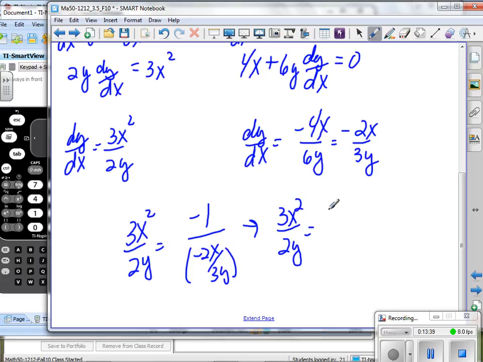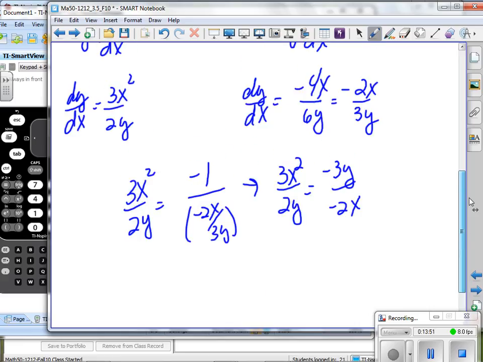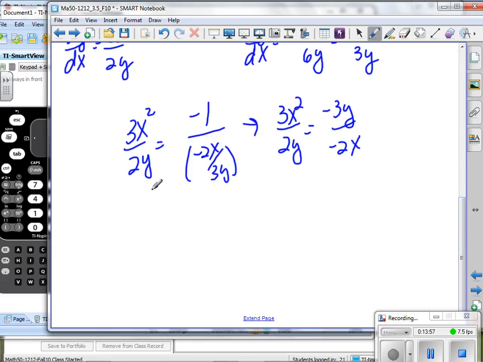So that would be, well, let's just say negative 3y divided by negative 2x. That would be negative 6, let's dispense with the negatives.